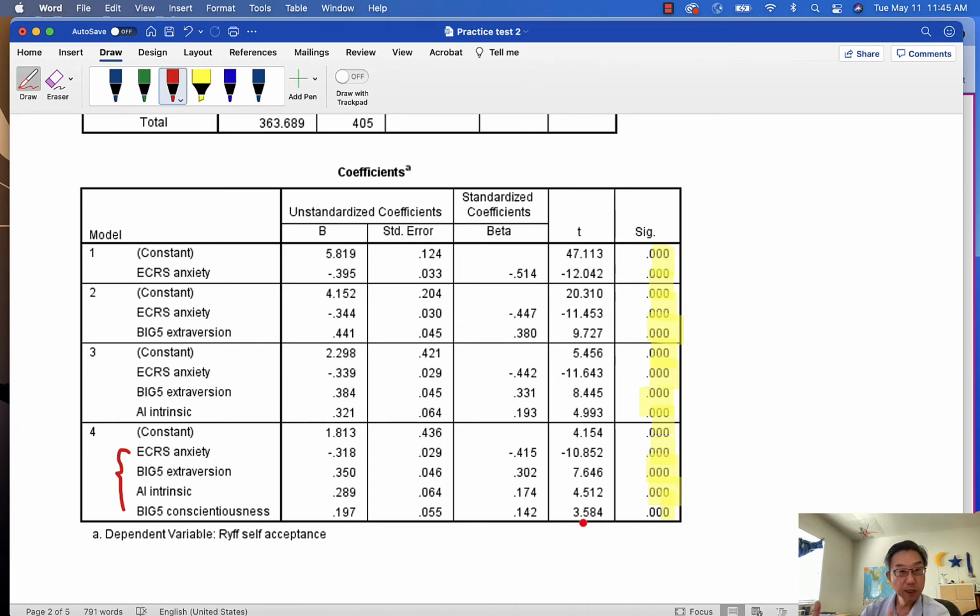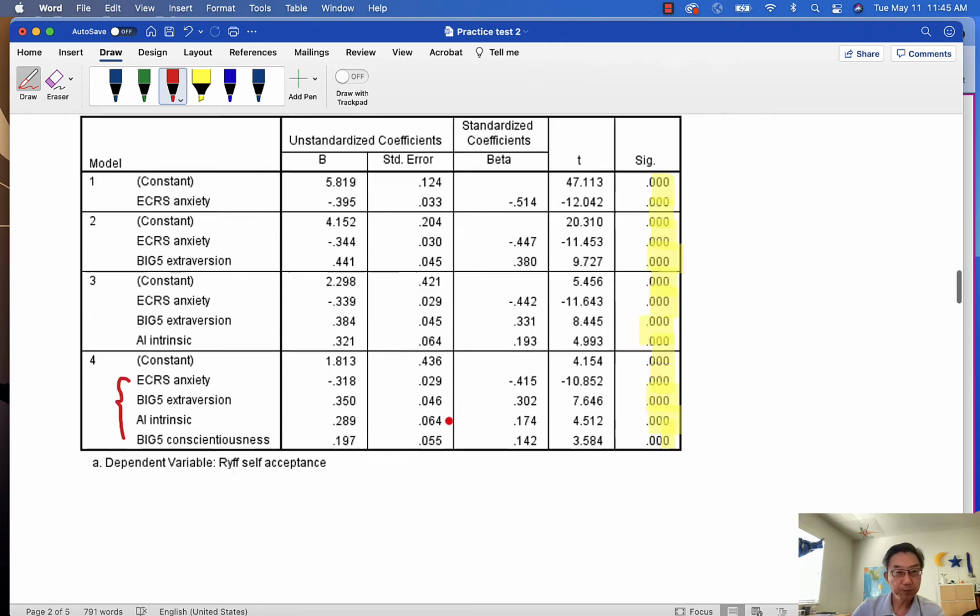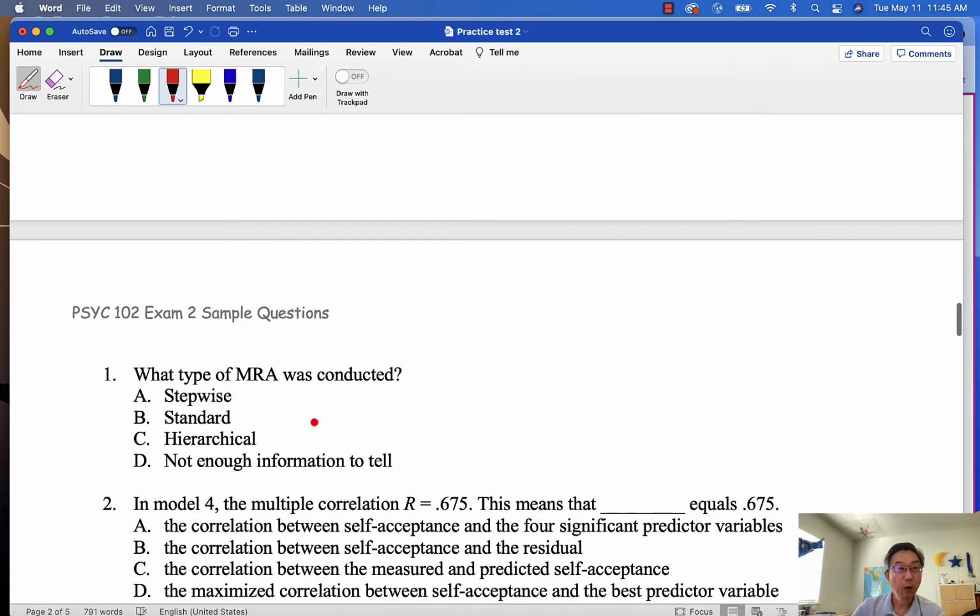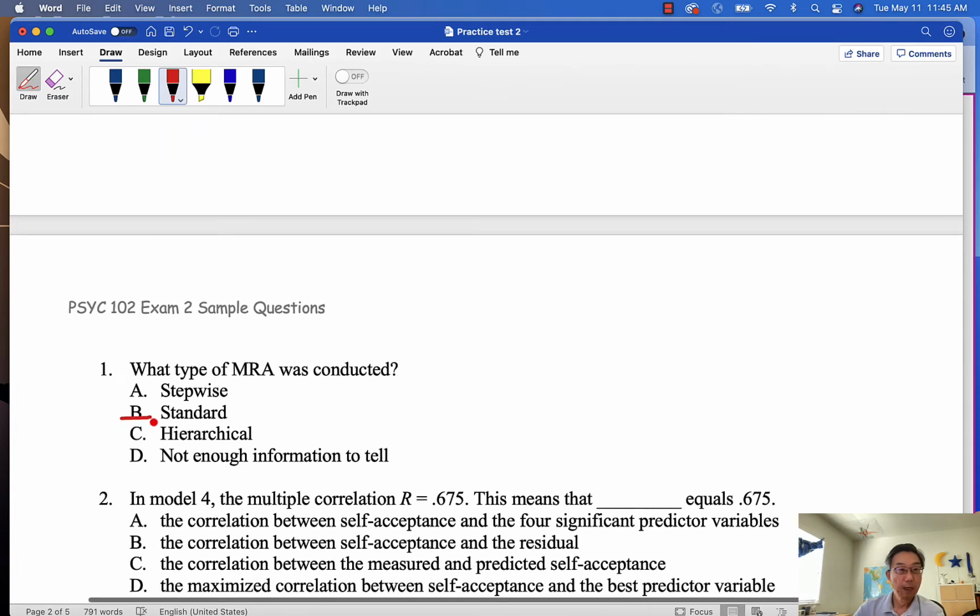This information is quite important when it comes to the first question, which is basically what type of multiple regression analysis was conducted. Now, is it a standard? Obviously not, because a standard multiple regression analysis would have included all 7 predictors in the equation, right? And is it hierarchical?